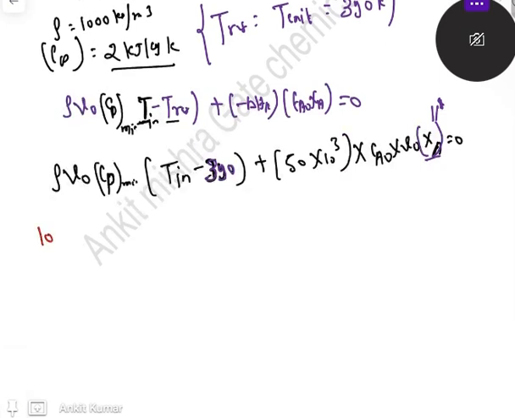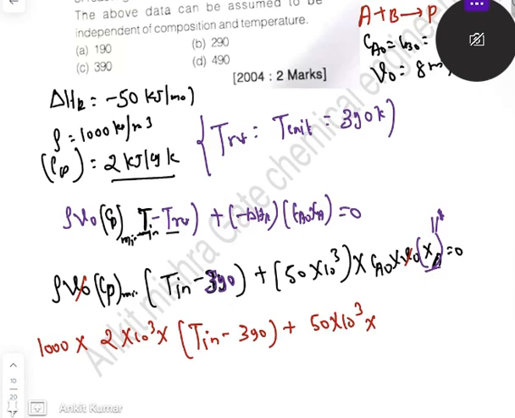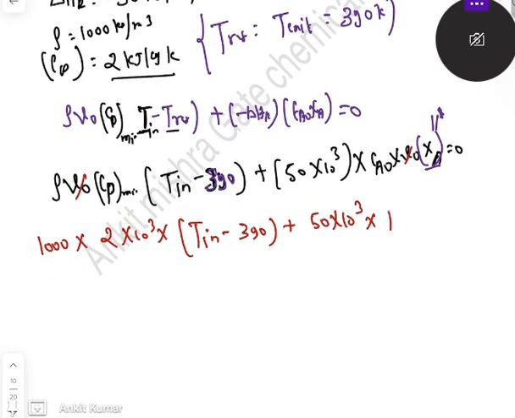What is rho? Rho is 1000, and V naught will get cancelled out, and Cp of mixture is given as 2 kilojoule per kg Kelvin. So that is 2 into 10 to the power 3 into T in minus 390, plus 50 into 10 to the power 3 multiplied with Ca naught, which is 4 kilomole per meter cube, that is 4 into 10 to the power 3 times Xa, equal to 0.